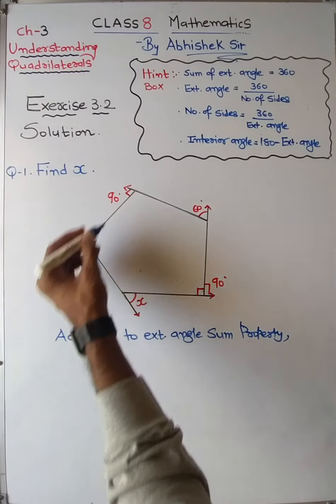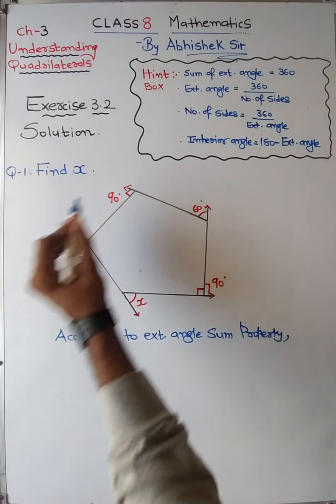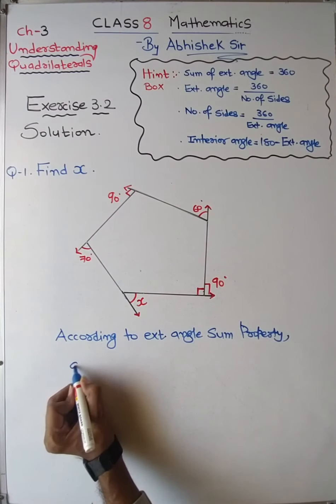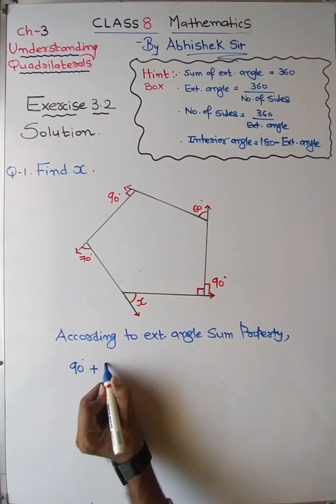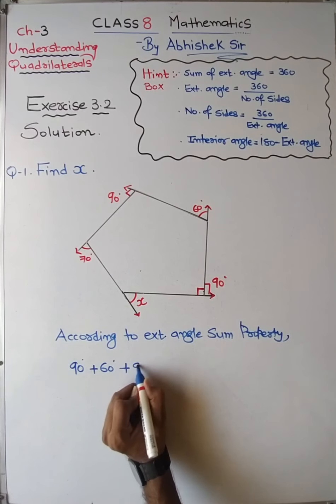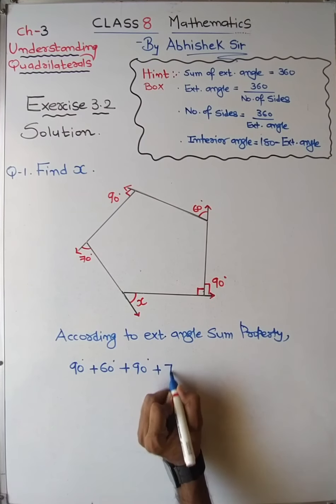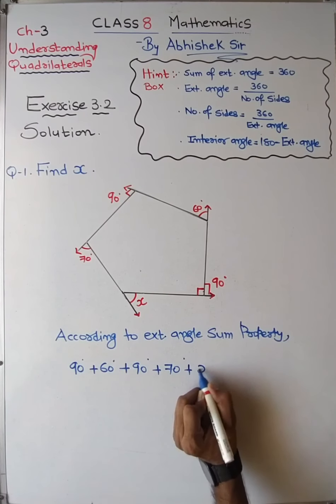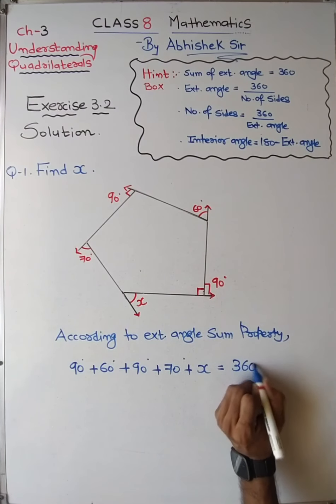Let us start with 90, 60, 90, 70 and then x. So 90 degrees plus 60 degrees plus 90 degrees plus 70 degrees plus x equals 360.